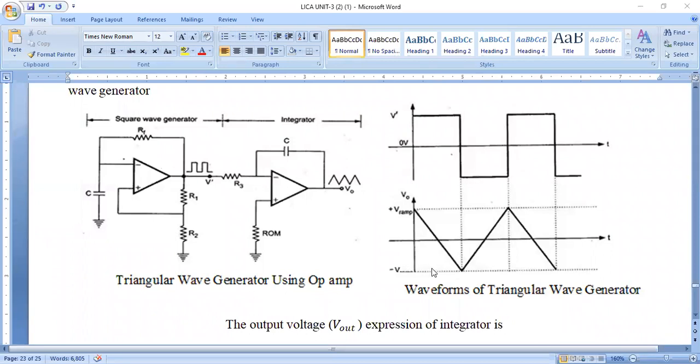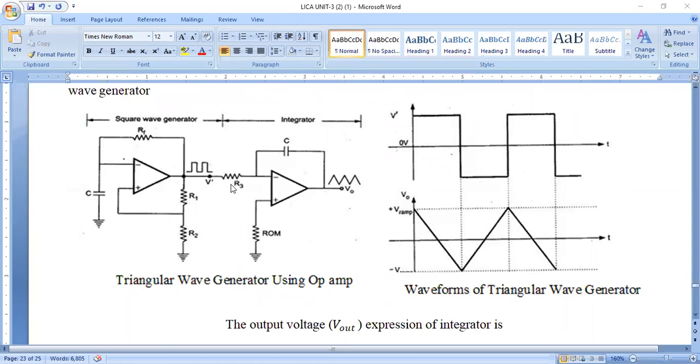If we see the waveform analysis of this triangular wave generator, basically the triangular wave is generated by alternating charging and discharging of this capacitor with a constant current. This is achieved by connecting an integrator circuit at the output of the square wave generator.